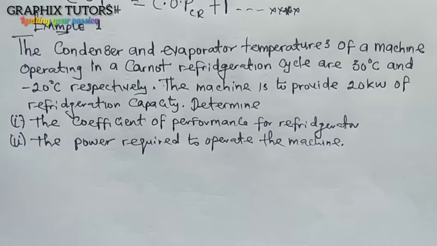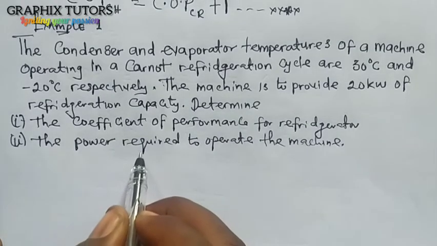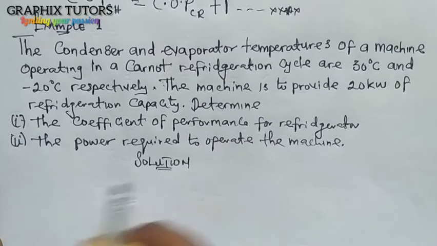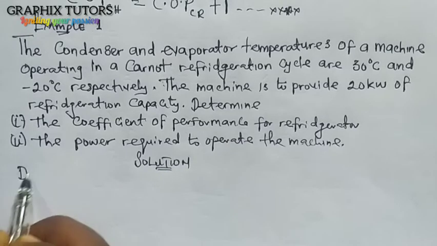The machine is to provide 20 kilowatts of refrigeration capacity. Determine from figure 1 the coefficient of performance of the refrigerator, from figure 2 the power required to operate the machine. The first thing you do when you see questions like this, you need to write out the data. So solution, you write out the data given.